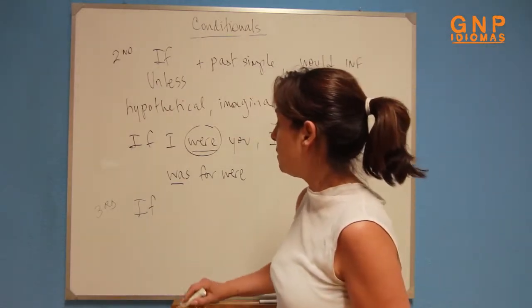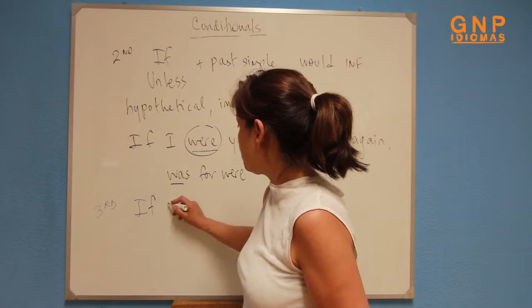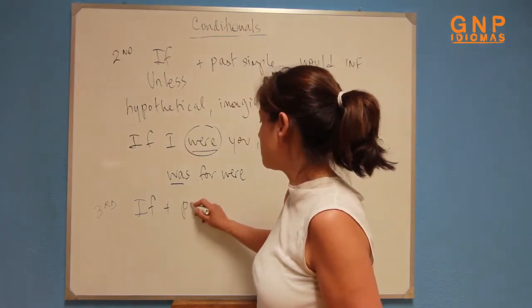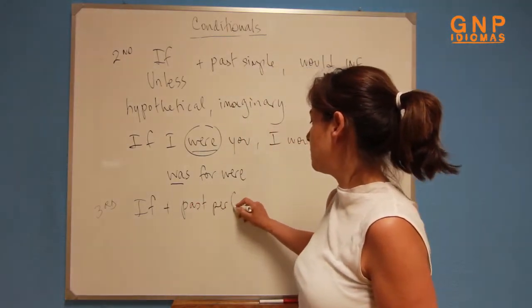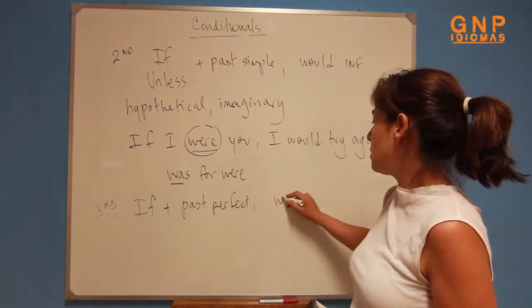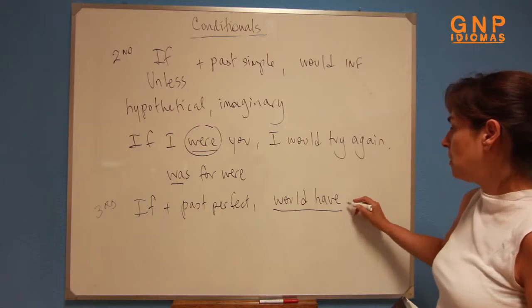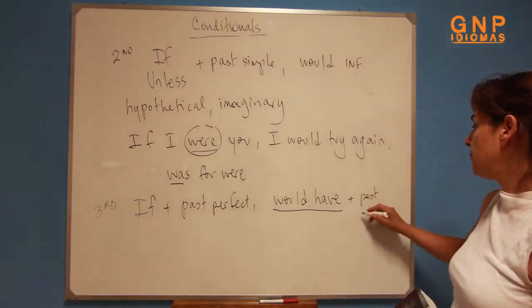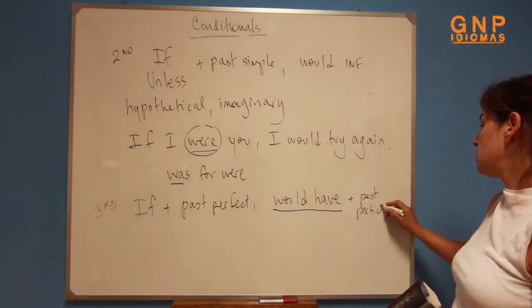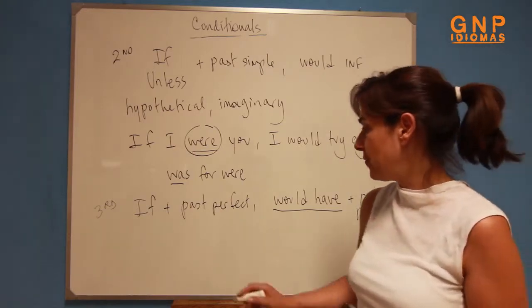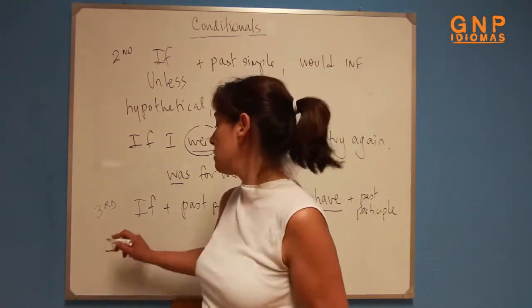So here I have again if, plus the past perfect in this case. And in the second part I've got would and have, always would have, plus a past participle. Okay? So the typical teacher sentence: if you had studied, but you didn't.